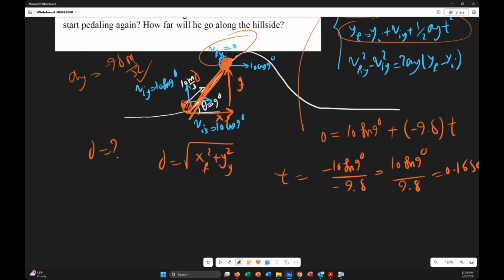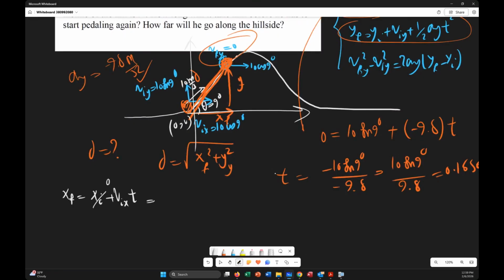So I rewrite the formula one more time. Let's talk about the xf. Xf is going to be xi plus vix multiplied by time. We say that this is the origin, 0, 0. Xi is 0. Vix is going to be 10 cosine 9 degrees multiplied by, what is the time? 0.16. Good.